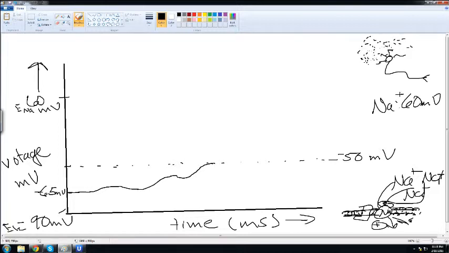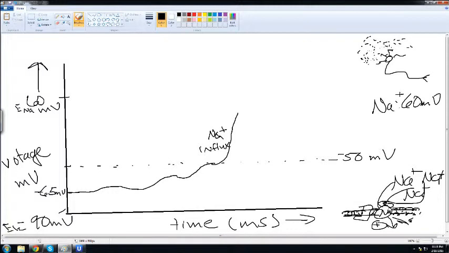So there's going to be a huge positive increase in the cell's membrane, a huge depolarization. And this is all from sodium going into the cell. So we call that sodium influx. All right. But these channels don't stay open forever. Eventually they're going to close.